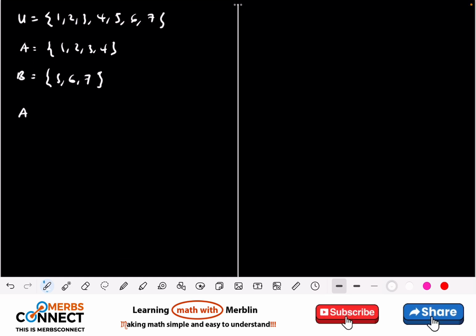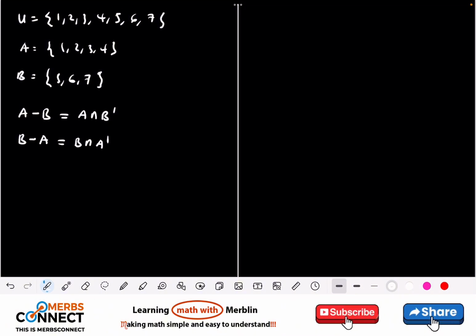So what is A difference B? And then what is B difference A? Very quick. So we saw that anytime we have difference, don't forget difference goes with intersection. So A difference B can be written as A intersect B complement. And then B difference A will be B intersect A complement.